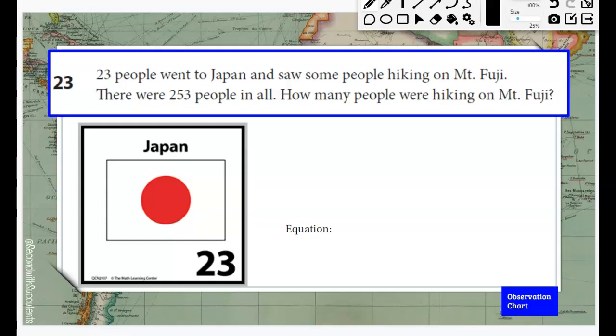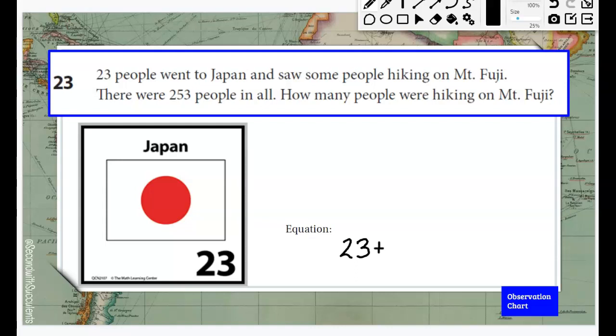23 people went to Japan and saw some people hiking on Mount Fuji. There were 253 people in all. How many people were hiking on Mount Fuji? Write your equation. All right, show a connection if your equation looked something like this. There were 23 people who went to Japan.